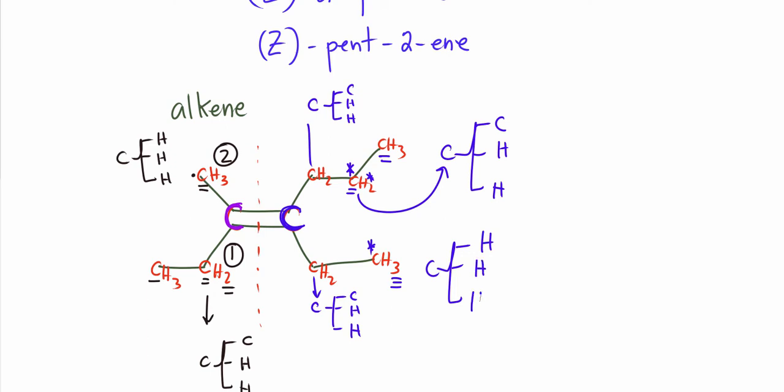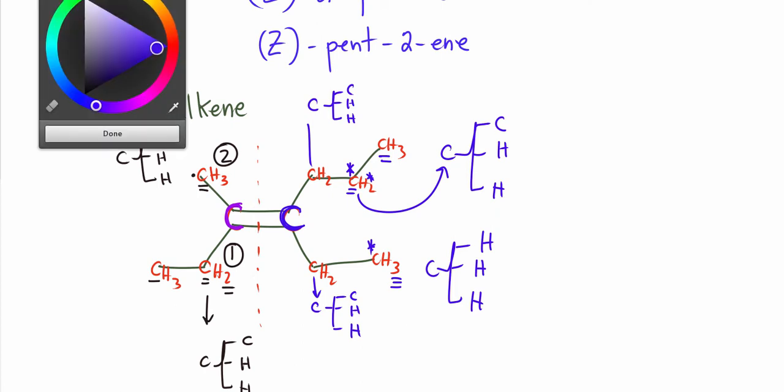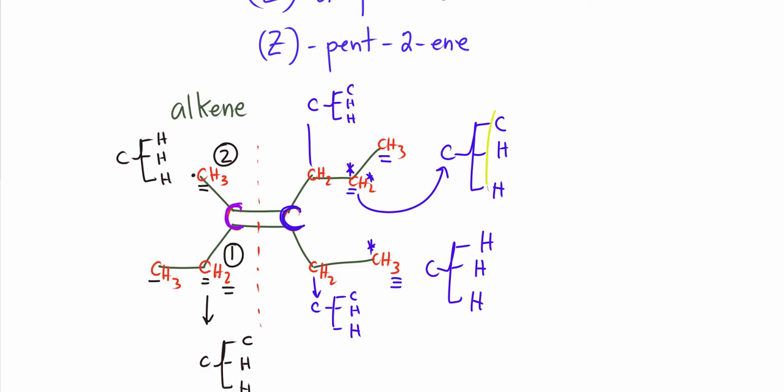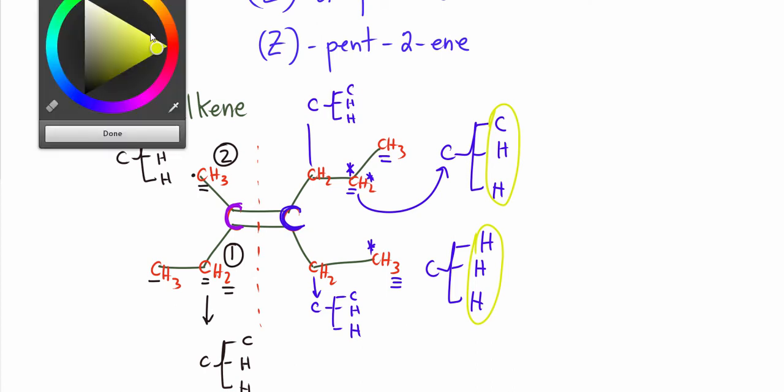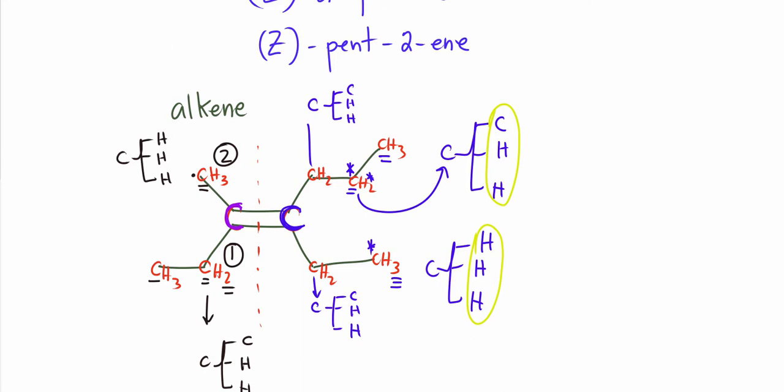We do this the same way that we did the absolute configuration of R and S. So you can easily see here that CHH beats out HHH. So this would get priority 1 and this would get priority 2.